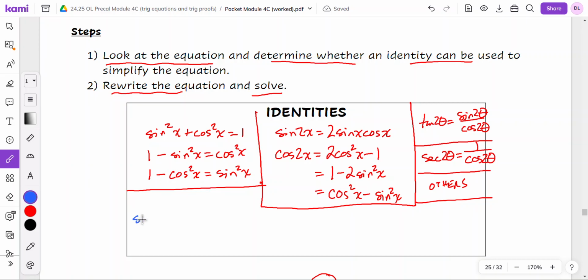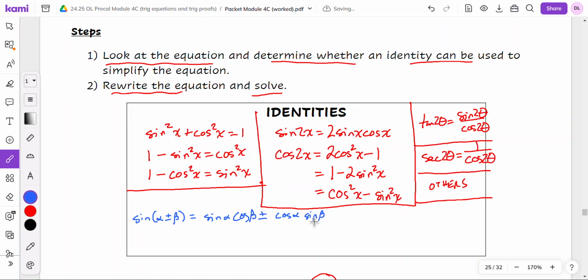So we can say that the sine of alpha plus or minus beta is going to be the sine of alpha cosine of beta plus or minus cosine of alpha sine of beta.